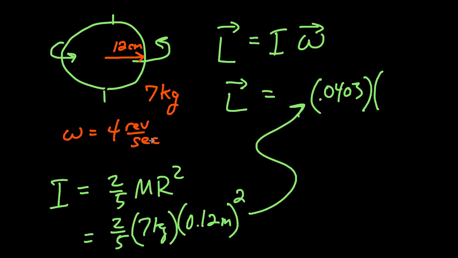Omega is 4 revolutions per second. We need to turn that into radians per second.